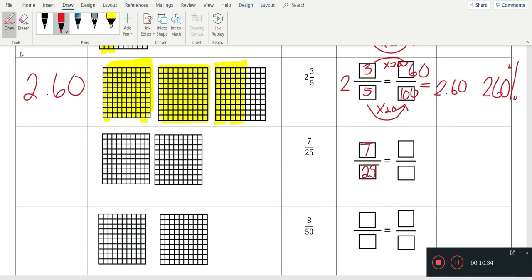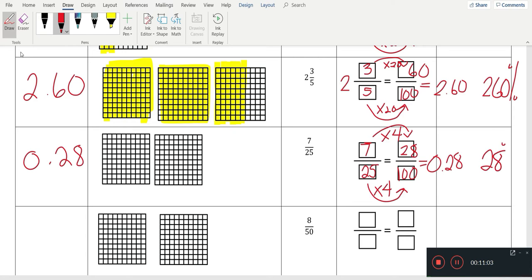Okay, next we have now 7 over 25. 100 here. How many 25 are in 100? Or a quarter in 100? 4. Awesome. Times 4 times 4. 4 times 7 is 28. So therefore, that's now 0.28. So right here in the decimal, 0.28, move to the right twice, it's 28%.